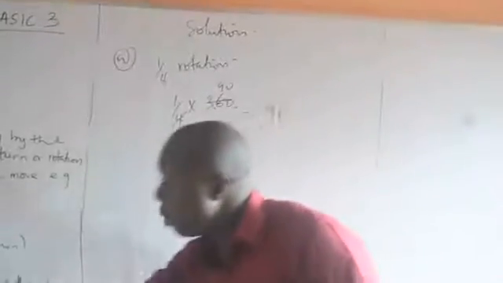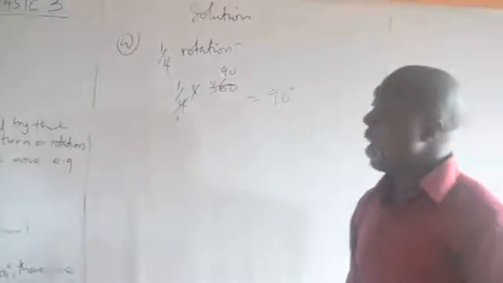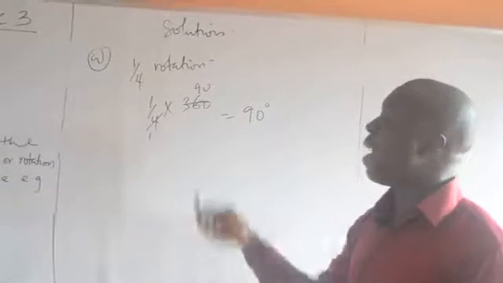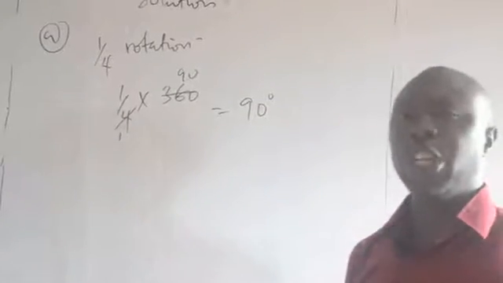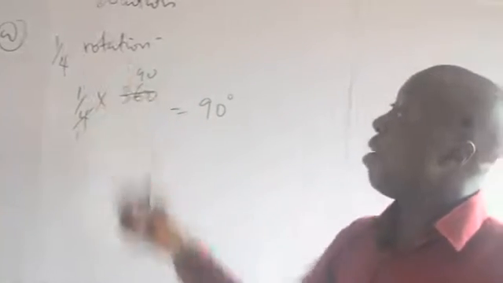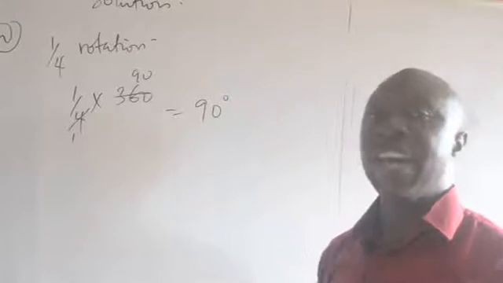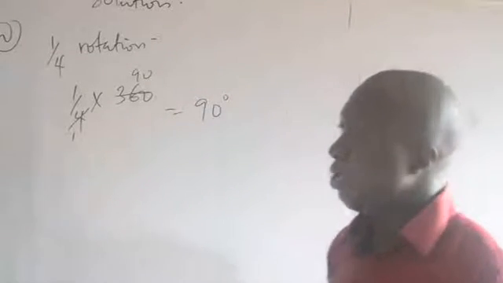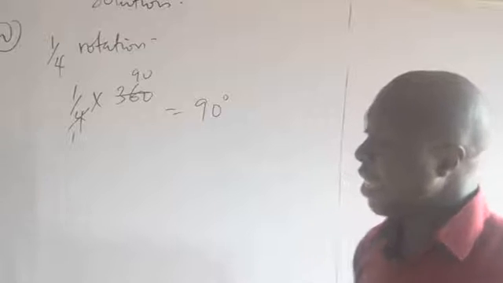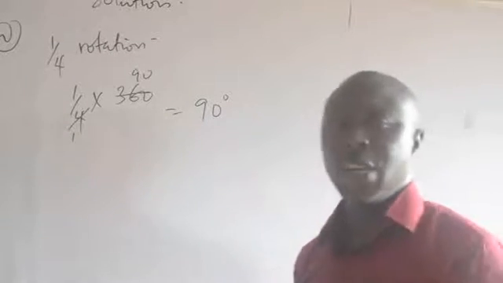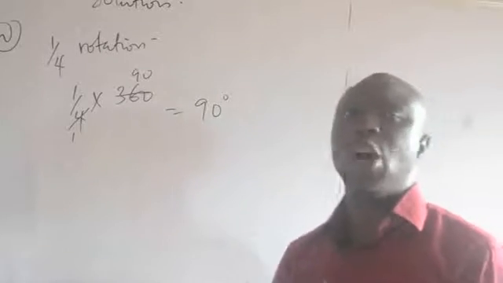Remember, if you are asked to find the measure of angle formed if the minute hand turns by 1/4 rotation, you multiply 1/4 by 360 degrees. Why multiply by 360 degrees? Because 360 degrees makes one complete rotation or one complete turn.